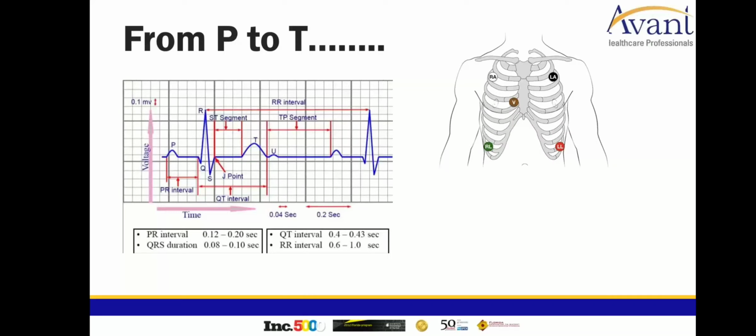That means that there is no electrical activity going on when the heart is in a straight line this way. So as you can see, anything that deviates from the isoelectric line, anything that goes up, we call a positive deflection. Anything below the isoelectric line, we refer to as a negative deflection.